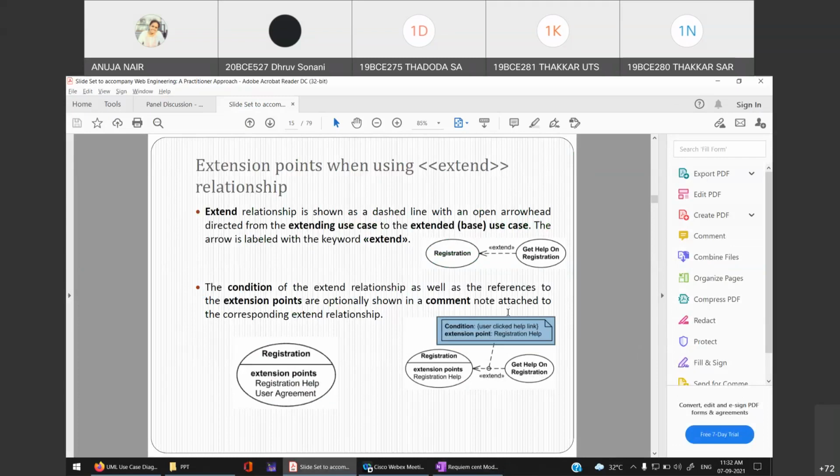Because it is optional, it's not compulsory that I have to use it. But if I am using it, at what condition will I use it? The condition here is: user clicked on help link. So if my user clicks on the help link, then only I am going to use this optional use case.